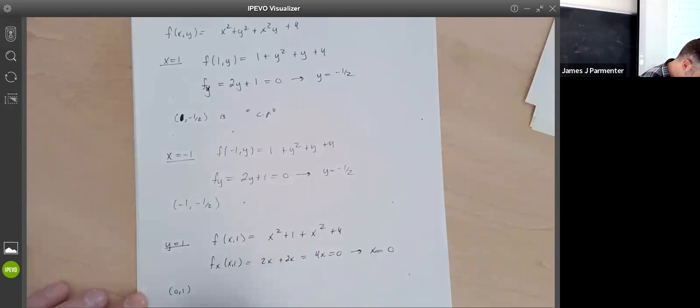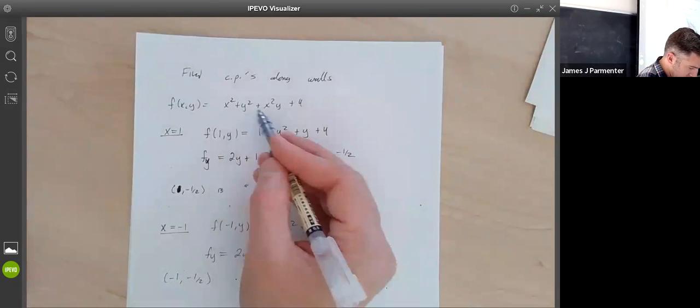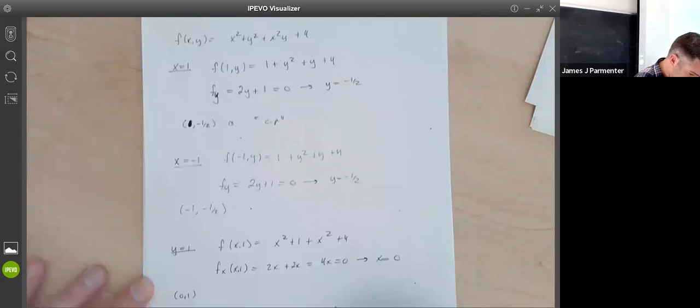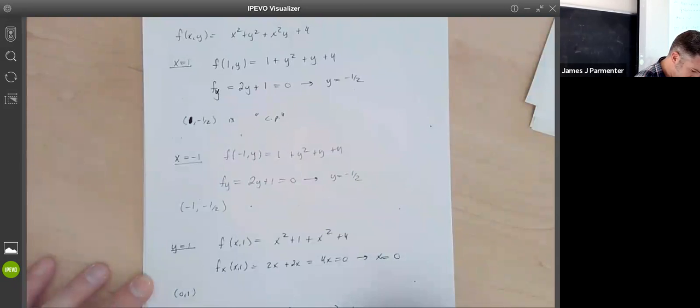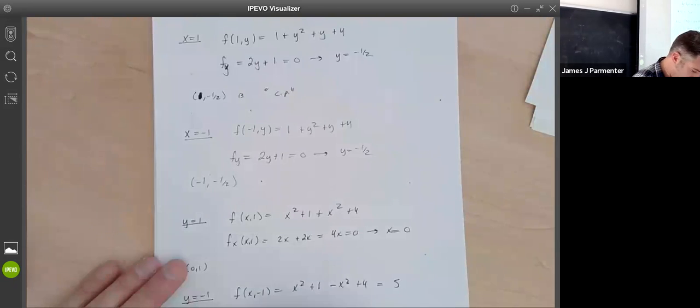And then finally, y equal to -1. So we have f of x comma -1 is going to be x squared plus 1 minus x squared, because we're plugging in y equal to -1. So we get x squared plus 1 minus x squared plus 4. And that's just equal to 5. And so there is actually no critical point along this wall because your partial derivative is just always 0.